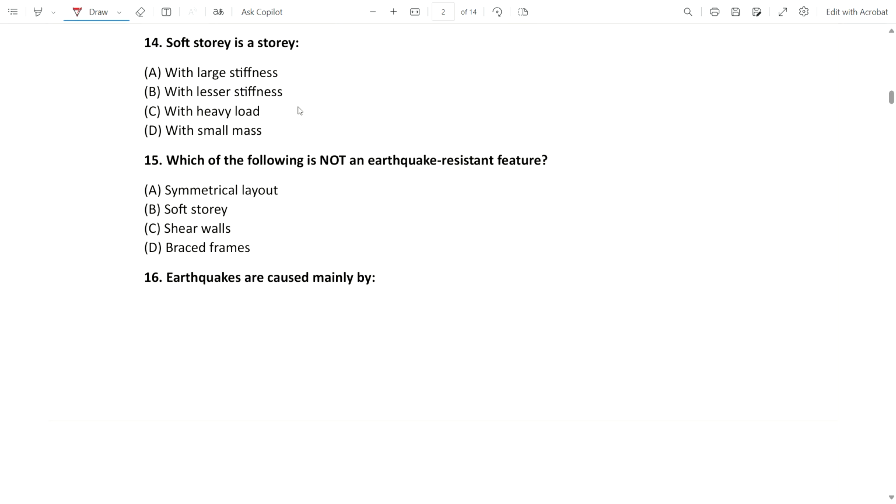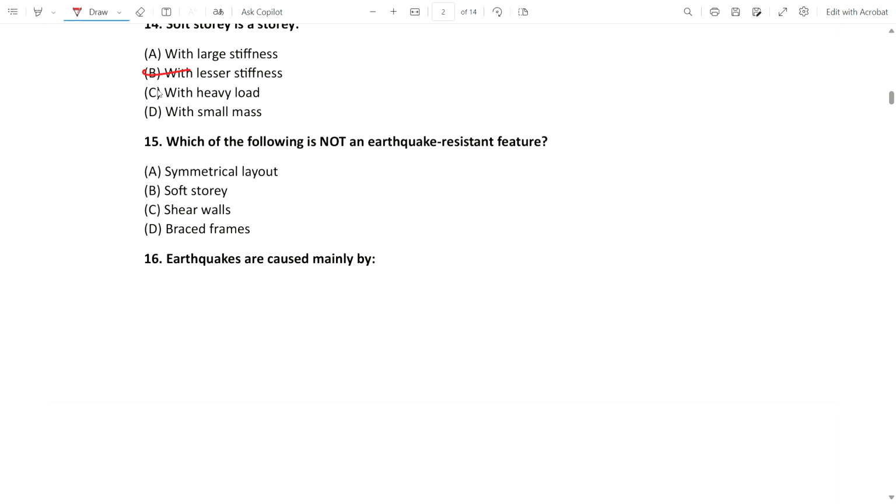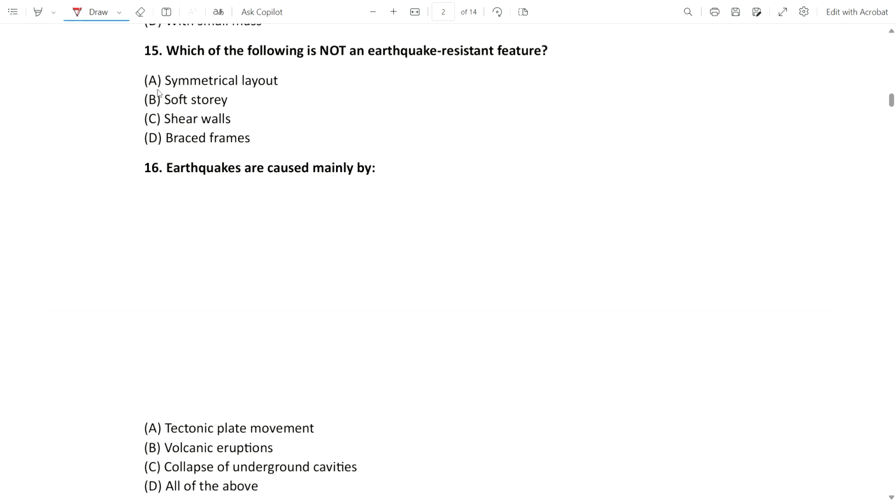Now 14, a soft story is a story with a large stiffness, with a lateral stiffness, with a heavy load, or with a small mass. Here the answer is with a lesser stiffness. Okay. Now question number 15, which of the following is not an earthquake resistant feature?